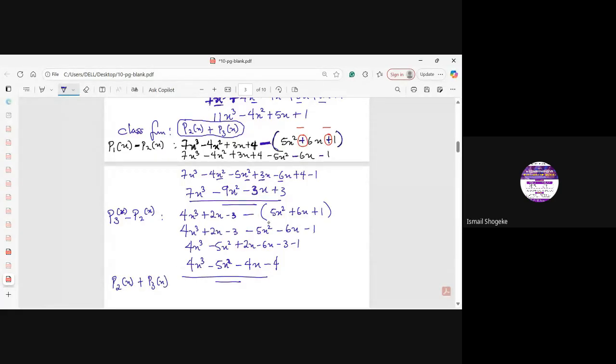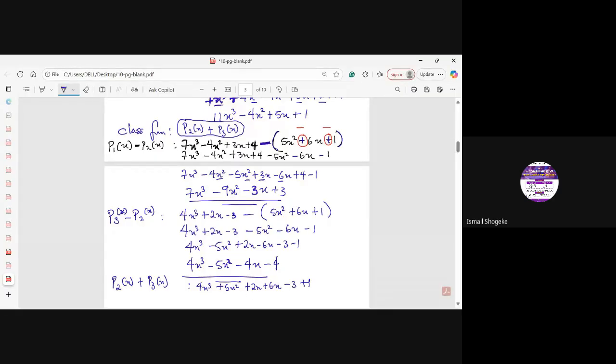I want to add these two guys together. It will be 4x cubed will be the first guy. Then 5x squared will follow. Then plus 2x plus 6x minus 3 plus 1.